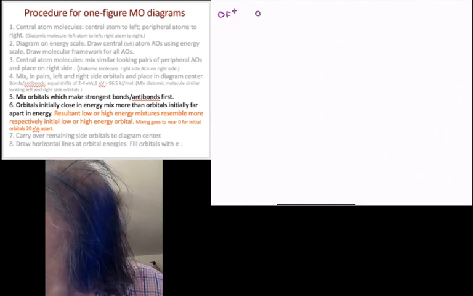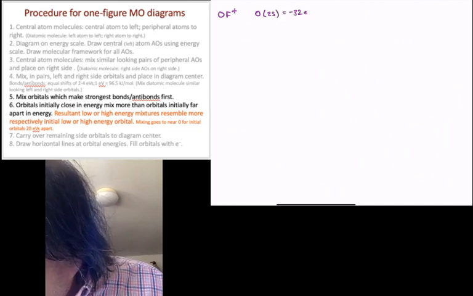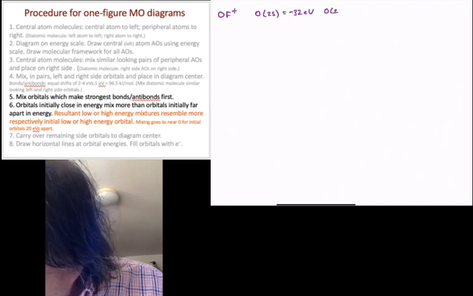We're going to look at the system OF+. Okay, so we need the energies of the orbitals, and so here we know that the energy of the oxygen 2s from last time is minus 32 eV, and oxygen 2p is minus 15 eV.